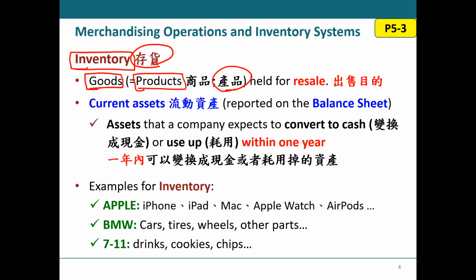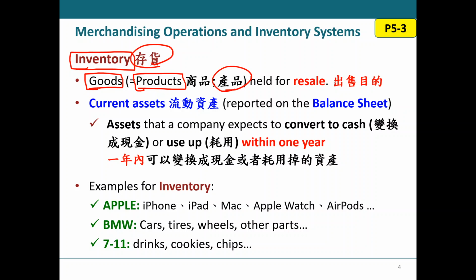Why, for example, does Apple company have inventory iPhones? What is the purpose? They have the iPhone for what? Sale, right? I have the product, I have the inventory, and the only purpose is that I'm going to sell it to the customers, right?